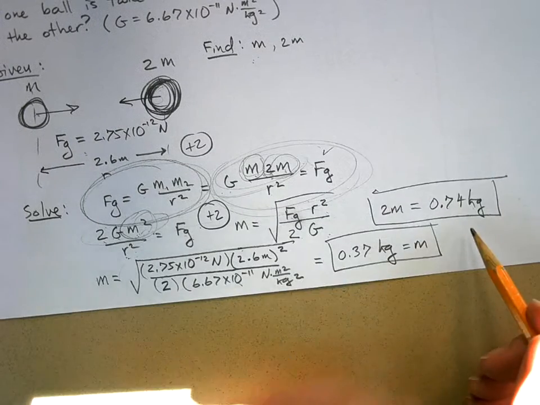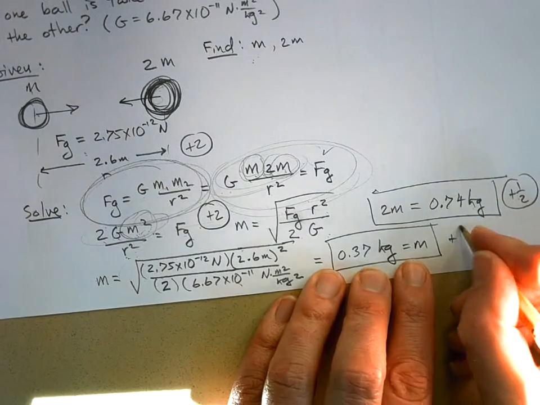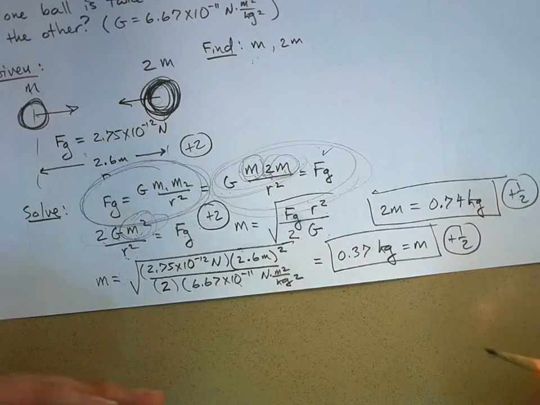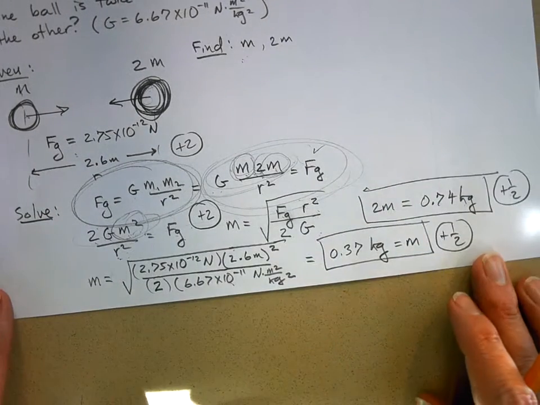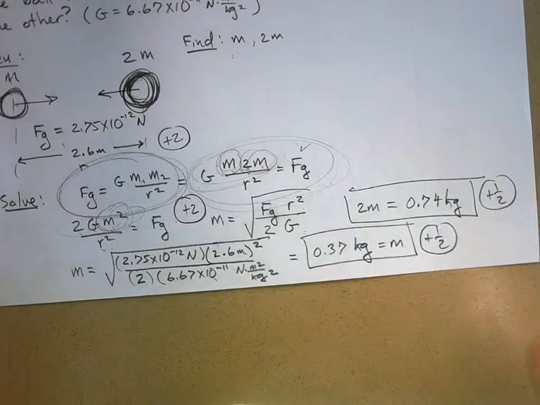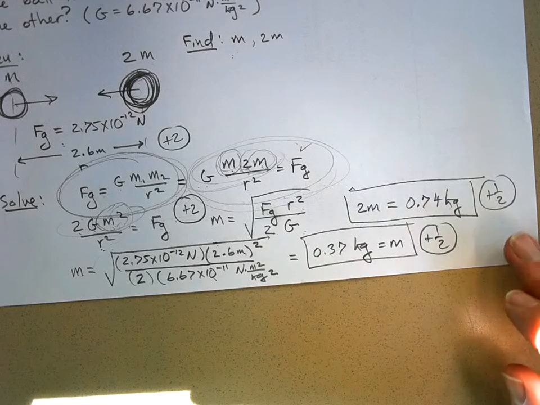And then this correct answer is worth half a point, and this correct answer is worth half a point. So if you did all the work right and set it up correctly, even if your calculator skills failed you, you'll get 4 out of 5.